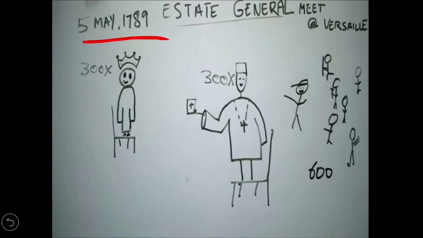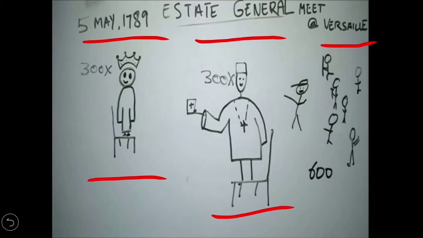So, on 5th May 1789, he called for the meeting of the Estates General at Versailles, and in that meeting 300 members of the first estate and 300 members of the second estate were called for, and 600 members of the third estate were called for.